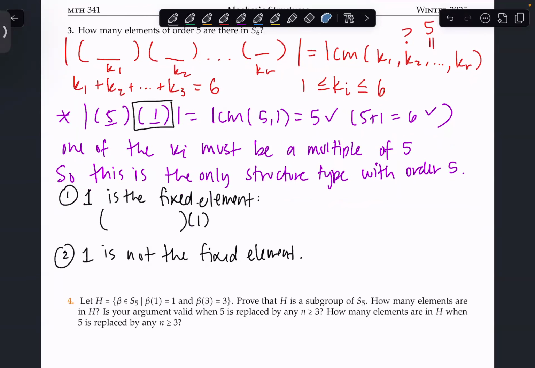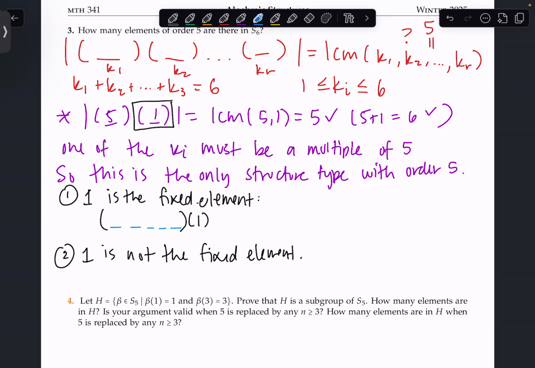I have 5 spots in this one, so I'm going to put a line so I can decide how many choices I have for each. The problem is I have multiple ways I can write any cycle, depending on what my starting point is. Usually I start with 1 and determine what the rest look like, but I could have started with 2 and completely determined the rest.